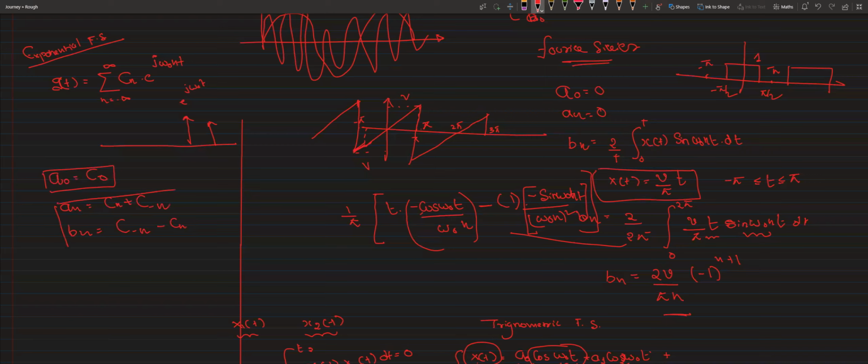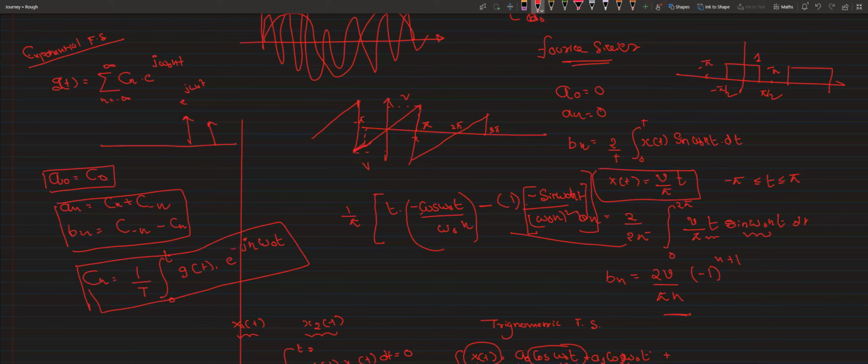This is the relation. And the expression for Cn is 1 by T integration from 0 to T g of t into e power minus j n omega naught t.